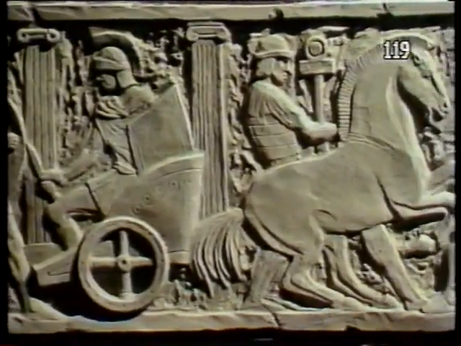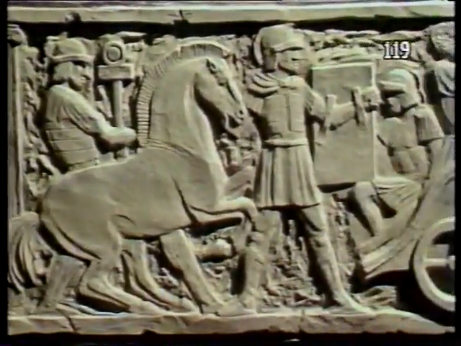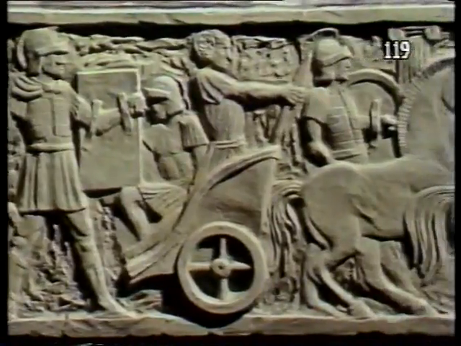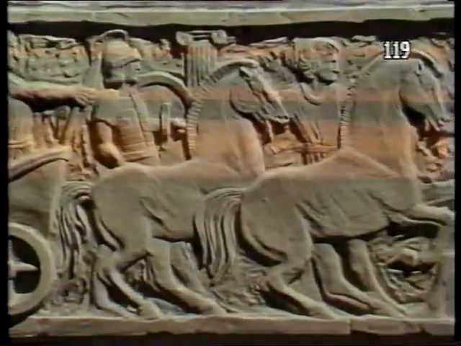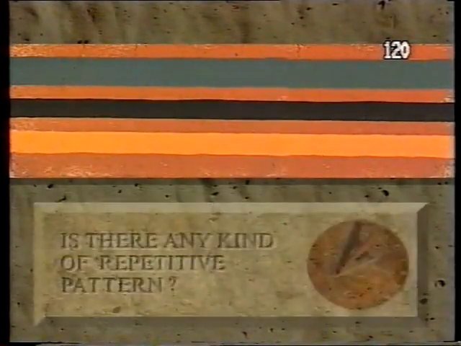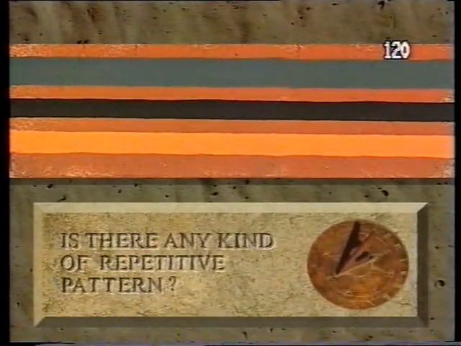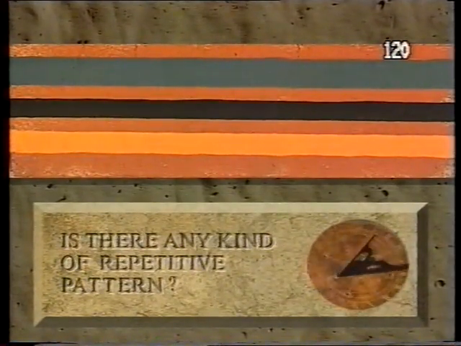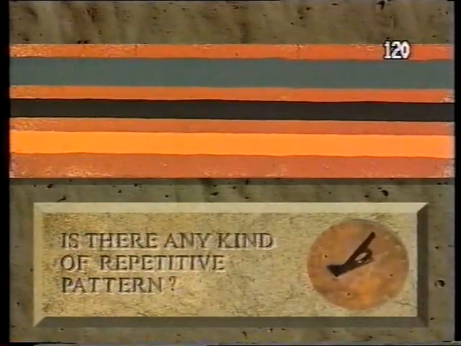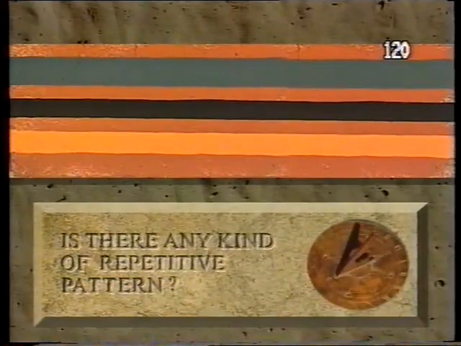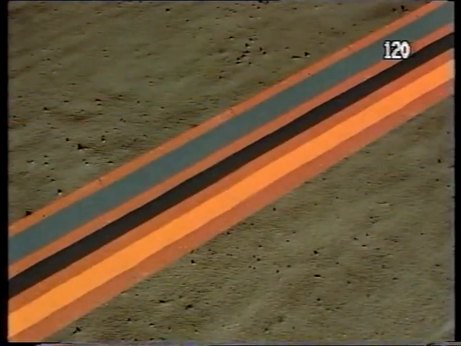We're not going to consider friezes like this one. No matter what distance you move it through, it will never match itself. But what about this frieze? Does it have any kind of repetitive pattern? This pattern always matches, whatever distance you move it through.